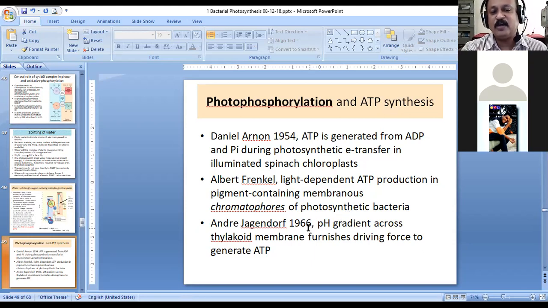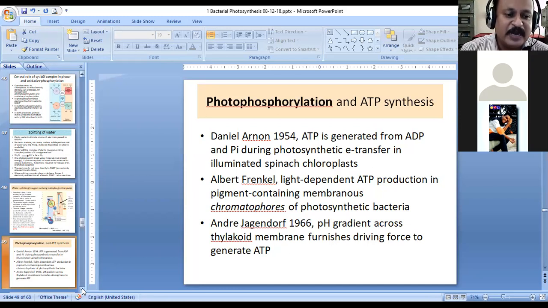Then Andre Jagendorf in 1966 showed that a pH gradient is very much essential. This pH gradient happens across the thylakoid membrane. Within the thylakoid there is a lot of proton concentration, and this increase in the proton concentration is responsible for the generation of ATP.